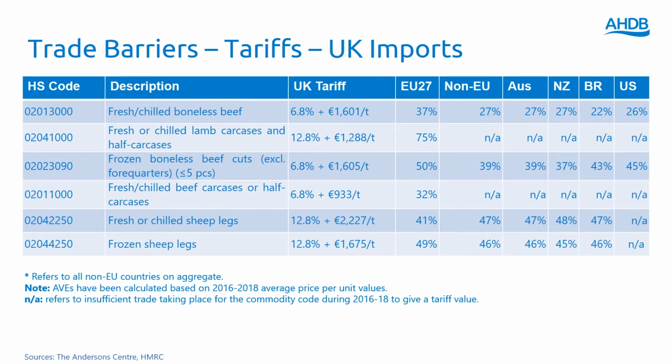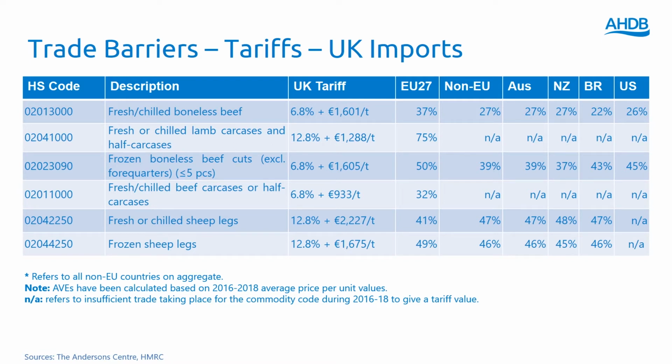And if we look at a worked example from an EU27 perspective, based on 2016 to 18 trade and the prices associated with that, for chilled boneless beef, it would work out to be a 37% tariff on imports coming in from the EU27. We've also listed there a selection of non-EU countries as well.